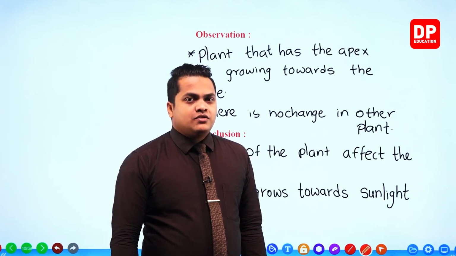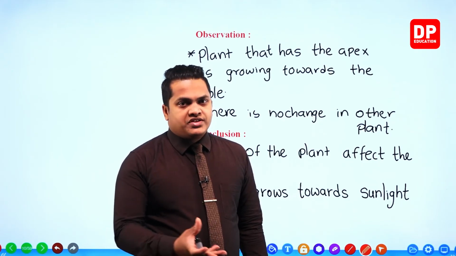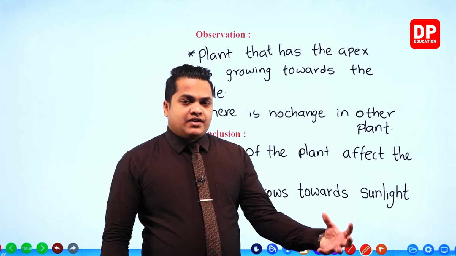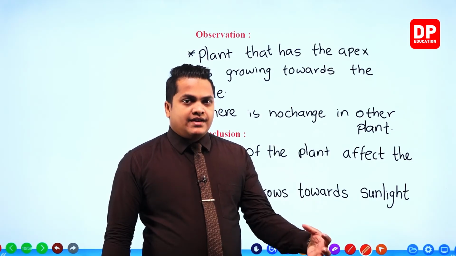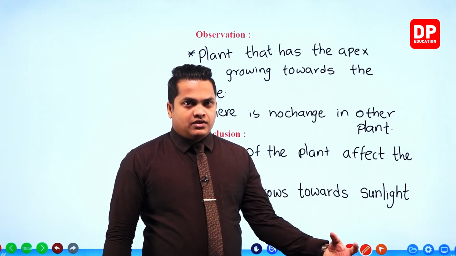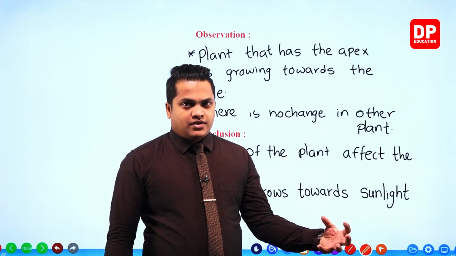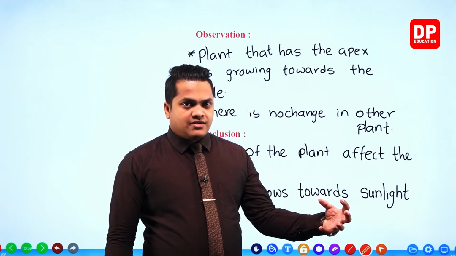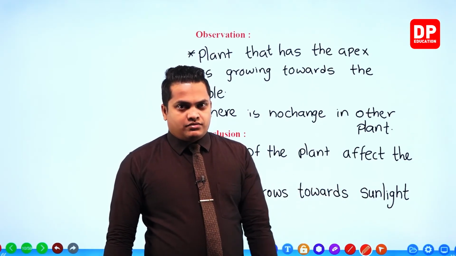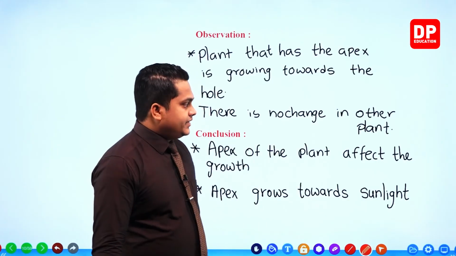And also, if it is going towards sunlight, we can directly say that the apex is going to create an influence on the growth of the plant. There is a direct relationship between the apex and the growth. Okay, right.